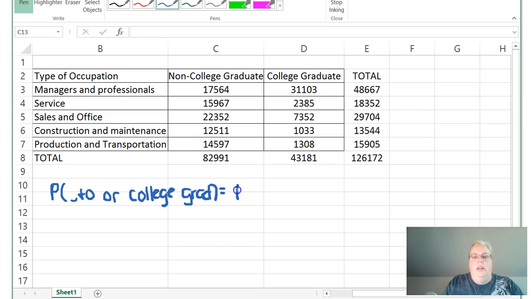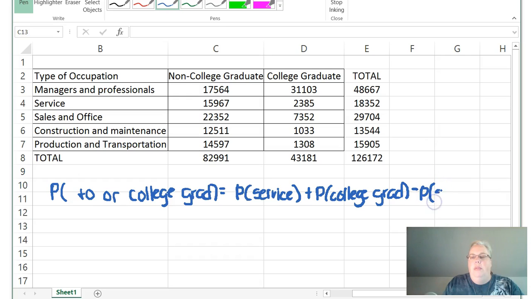This is going to be the probability of service plus the probability of a college grad, and this time we will have to subtract off all the people who are in service and a college grad at the same time.